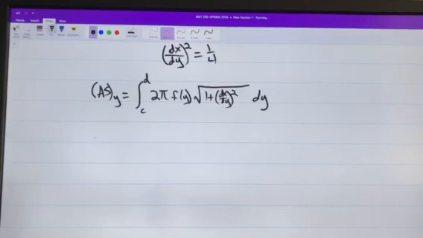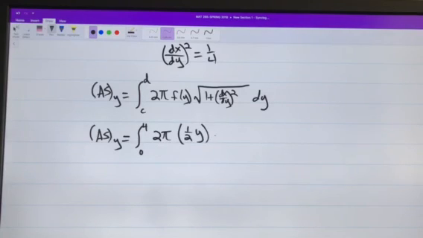And just putting in what I have specifically, I'm going from y is equal to 0 to y is equal to 4, and we have 2 pi. Now f of y, again, x was equal to 1/2 of y, and we have times the square root of 1 plus 1/4 dy.